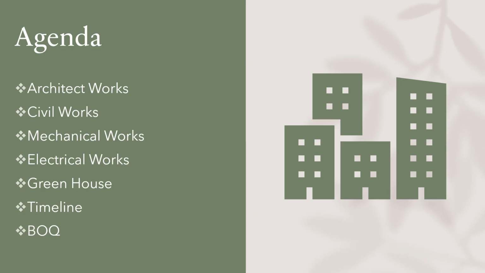Before we dive into the design, we need to establish the phases of our design. The phases are as shown: the architect works, civil works, mechanical works, electrical works, and something that we added, the greenhouse.